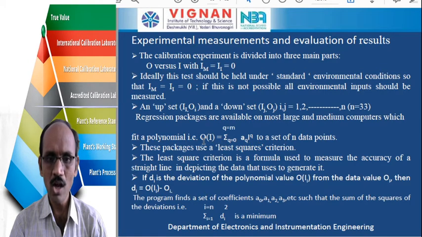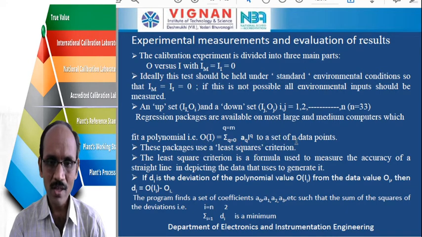So we can write the output equation as O of I is equal to summation of Q is equal to 0 to Q is equal to M of AQ IQ. That is, it can be written as A0 I to the power of 0 plus A1 I to the power of 1 plus A2 I to the power of 2 plus A3 I cube plus etc. up to AM I to the power of M. So the output is the sum of all the inputs multiplied by their coefficients.